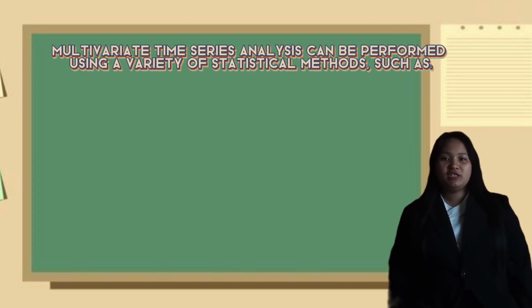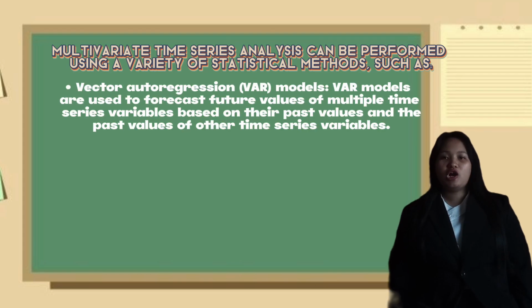Multivariate time series analysis can be performed using a variety of statistical methods, such as vector autoregression or VAR models. VAR models are used to forecast future values of multiple time series variables based on their past values and the past values of other time series variables.